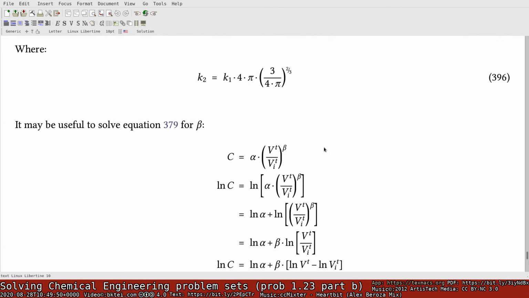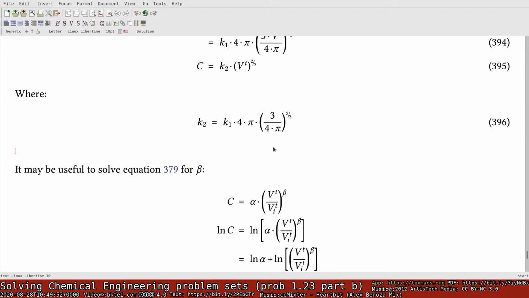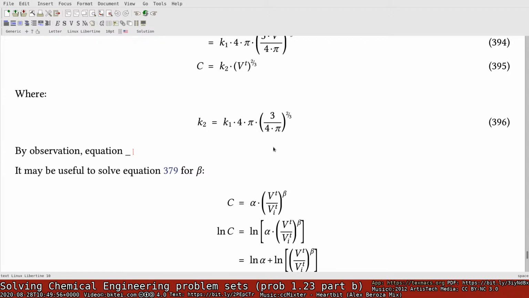Okay. By observation, equation blah is proportional to the general allometric equation, equation blah.